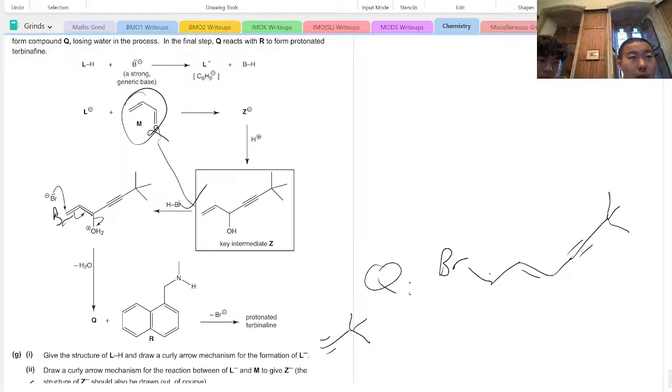Okay, firstly, you need to draw L minus and draw a curly arrow mechanism to form L minus from LH. So if that's L, what's L minus? If I had to guess, it would be like this.